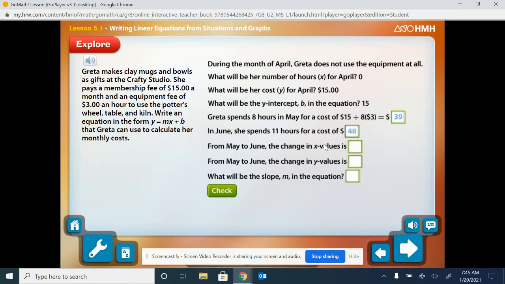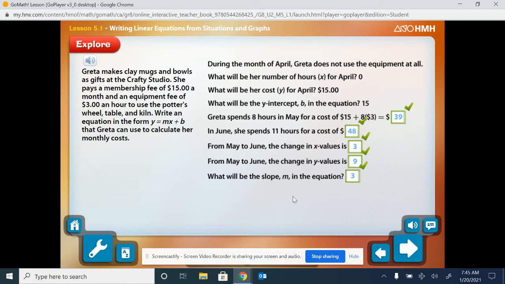And then from May to June, the change in values, well, it went from 8 hours to 11 hours. So that's going to be 3 hours more. And then the amount was 48 minus 39, which is going to be 9. And so the slope is 9 divided by 3, which is 3. But I already knew that the slope was 3 because it says $3 per hour. Okay? So $3 per hour.